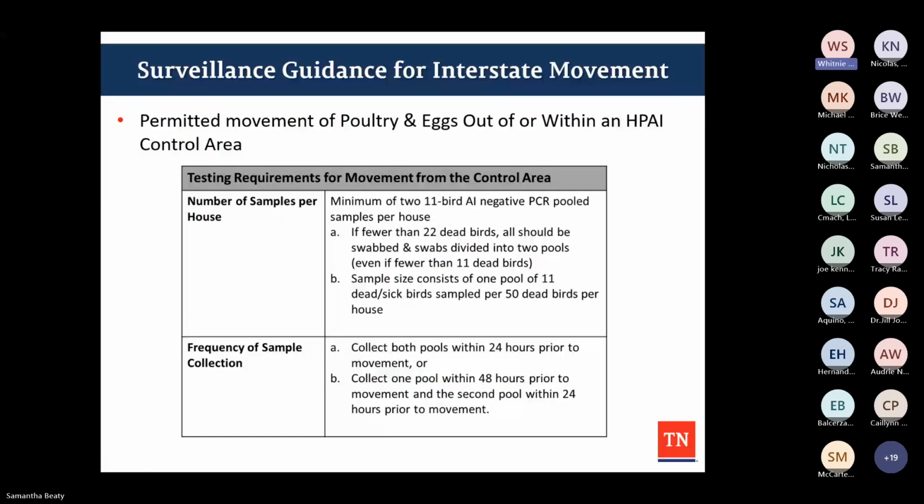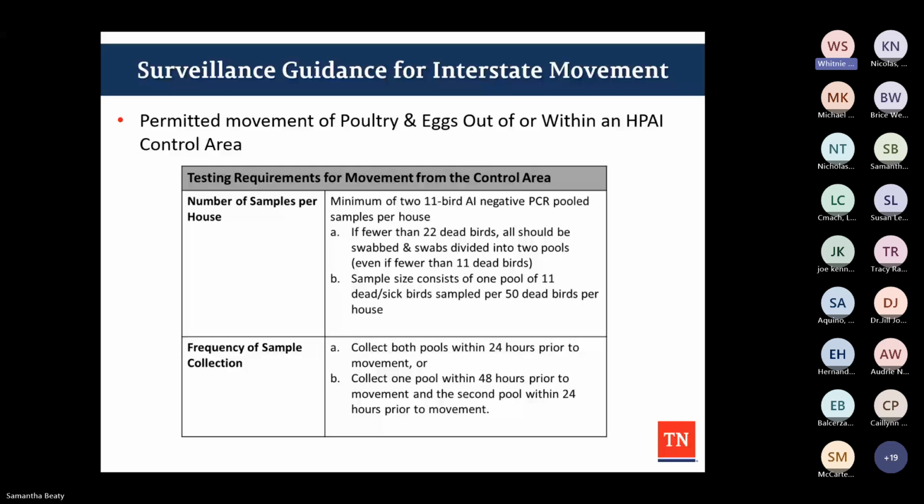Talking a little bit more about the specific testing requirements. You would still need to do the minimum of 2 11-bird pools per house, again focusing on sick or dead birds. And if you didn't have 22 dead birds to sample, at least try to get as many as you can.